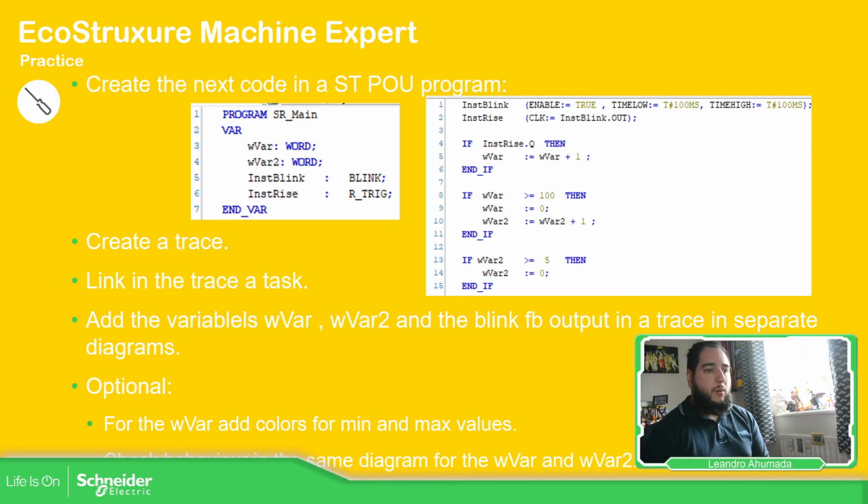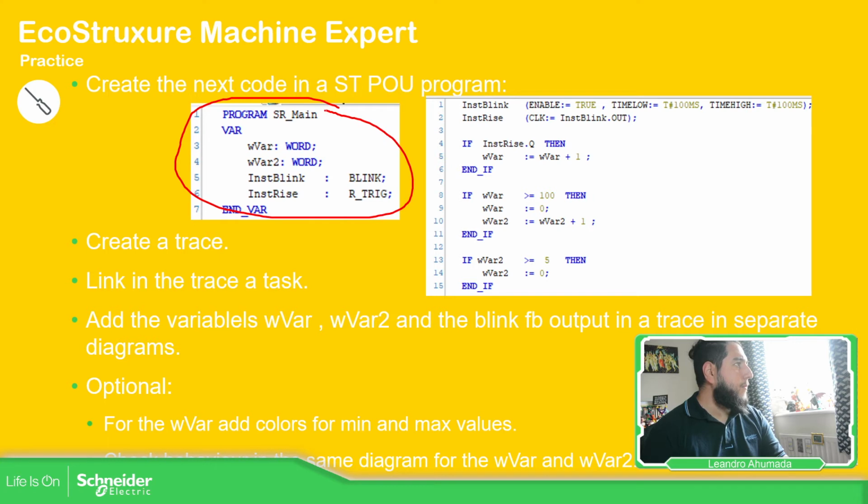So let me just try to change this. I have this SR main, with these 4 variables, and the idea is to create this logic. And let me just check if I had it. So basically I'm going to create a square signal, using the blink functionality, every 200 milliseconds, and then this variable is going to increase.